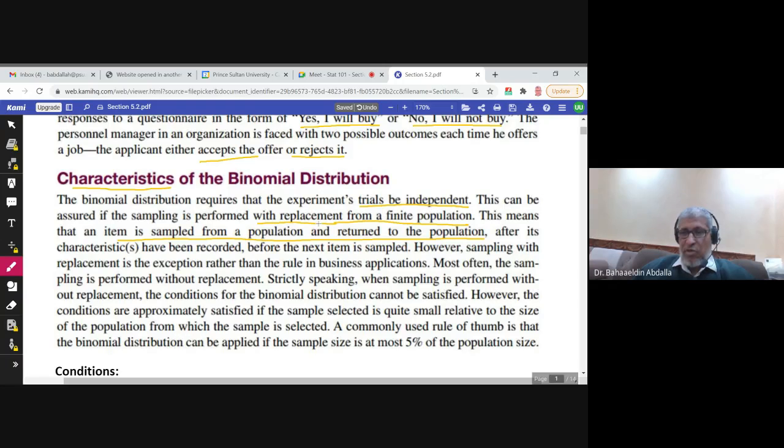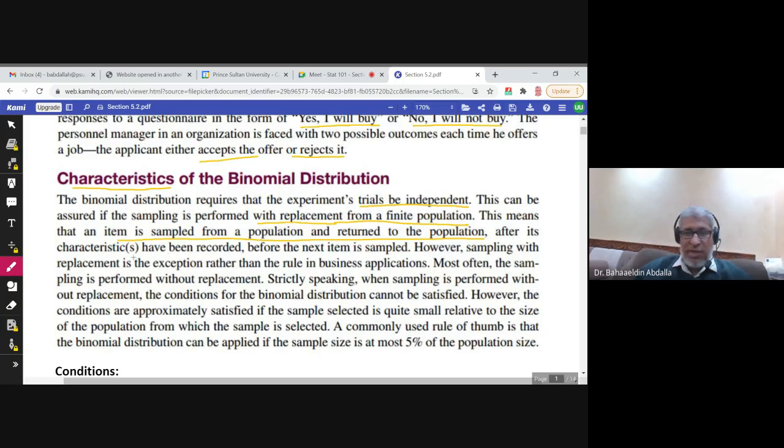So I can select the same student again and again. This is with replacement. And the number of students in each trial will remain 30, because each time you take an item, you put it back in the population.